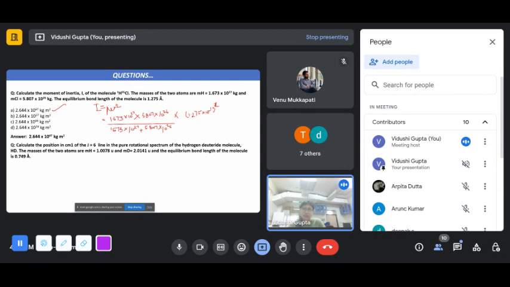Which formula will you apply? You know it will be J plus 1.